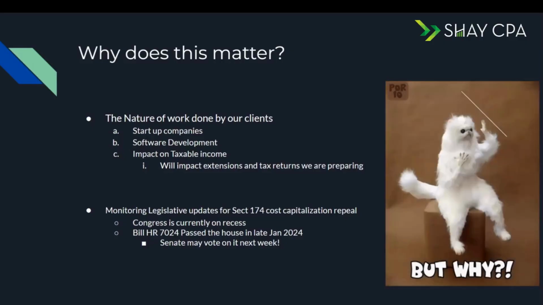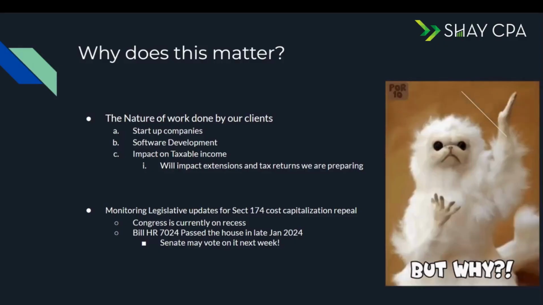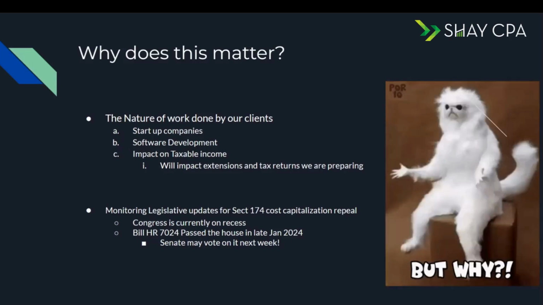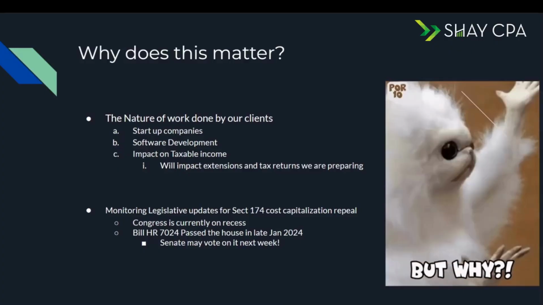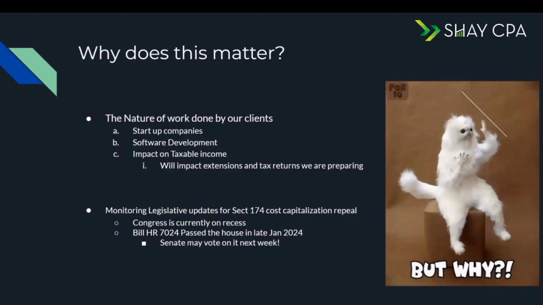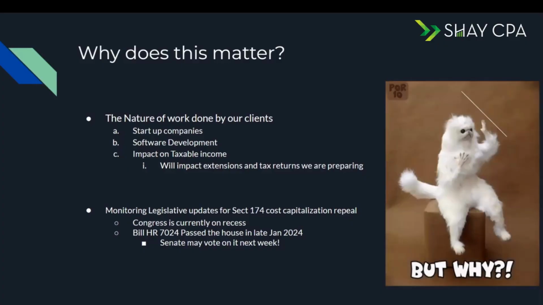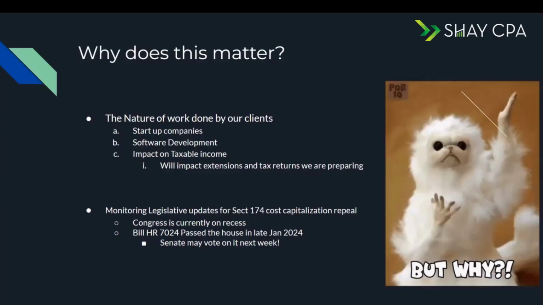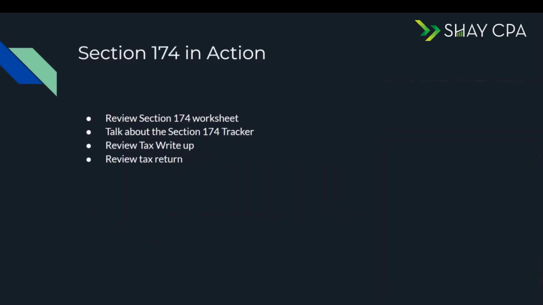Hopefully, when they come back, they will vote on the bill HR 7024 that passed the House, which basically repeals the capitalization of domestic R&D expenses. It would allow companies to expense all of that domestic R&D. Keep in mind that it doesn't really apply to foreign R&D, so that's something we still have to consider. Hopefully next week I'll have more updates.